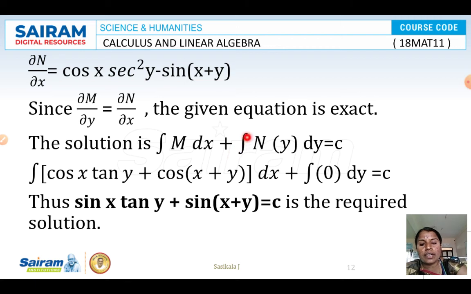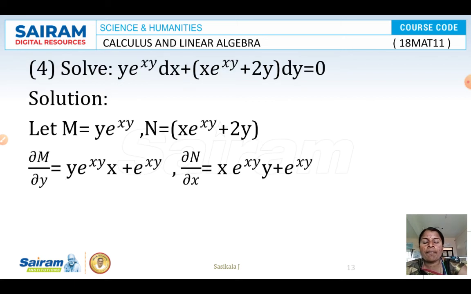N completely contains x terms, so it will go to 0, and only the M term will come. So you integrate: cos x becomes sin x into tan y, plus cos becomes sin of (x plus y), equal to c. So this is your required solution.